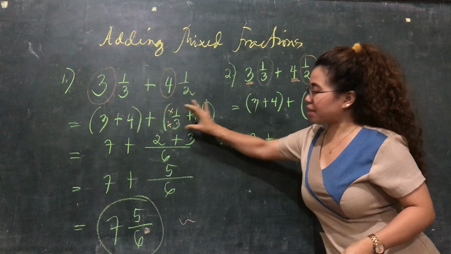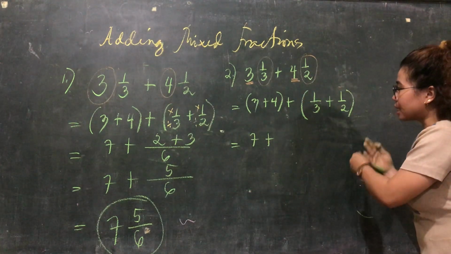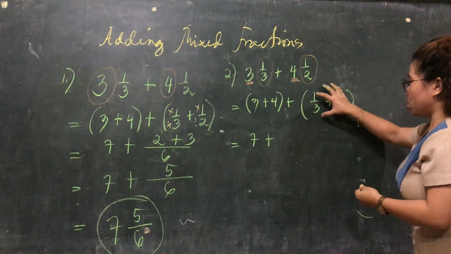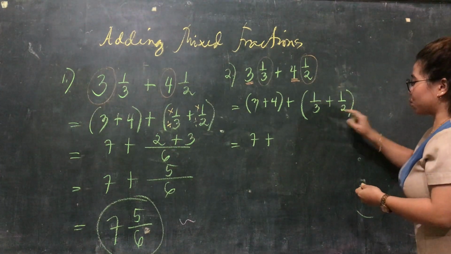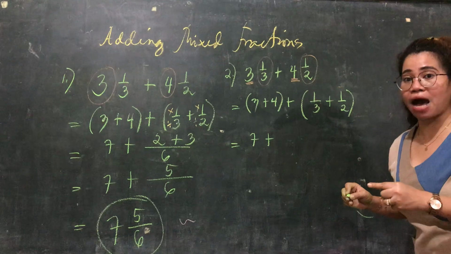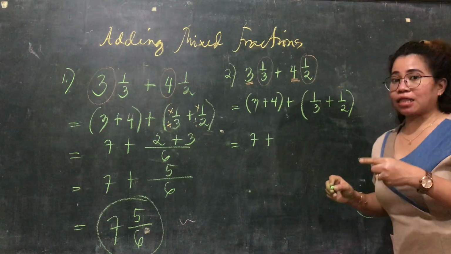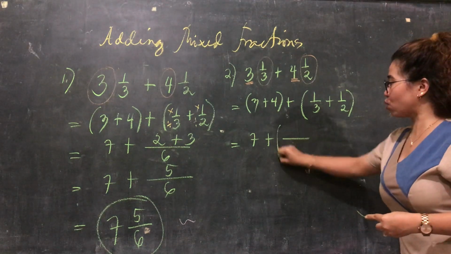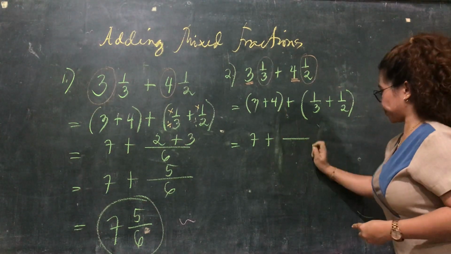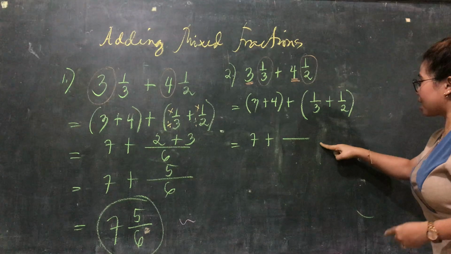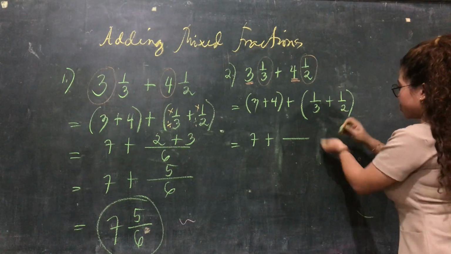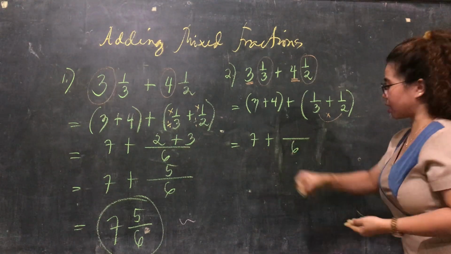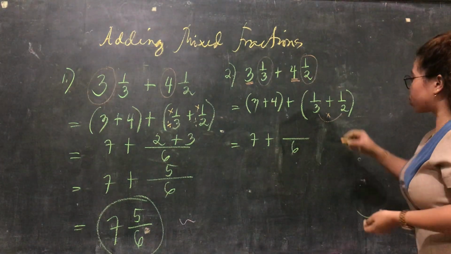Kay nag-LCD man ta diri, ang kaning pamaagi is i-cross nato ning fraction. Dili man parehas ang denominator, isa sa mga pamaagi nga ma-add silang duha, ang mga unlike fractions, is bar sa ta. Pwede ikulong, pwede dili. Bar sa ta, and then i-times yung duha. 3 times 2, you have 6. And then cross multiplication.